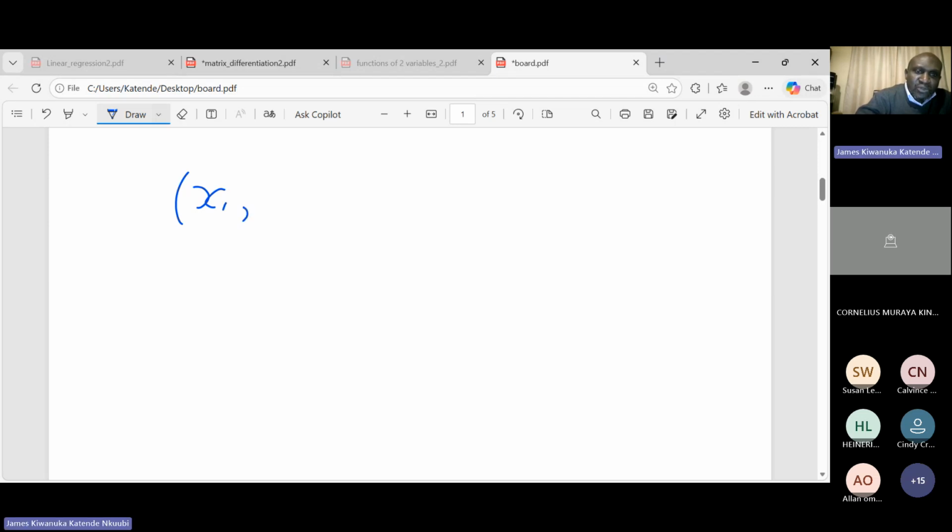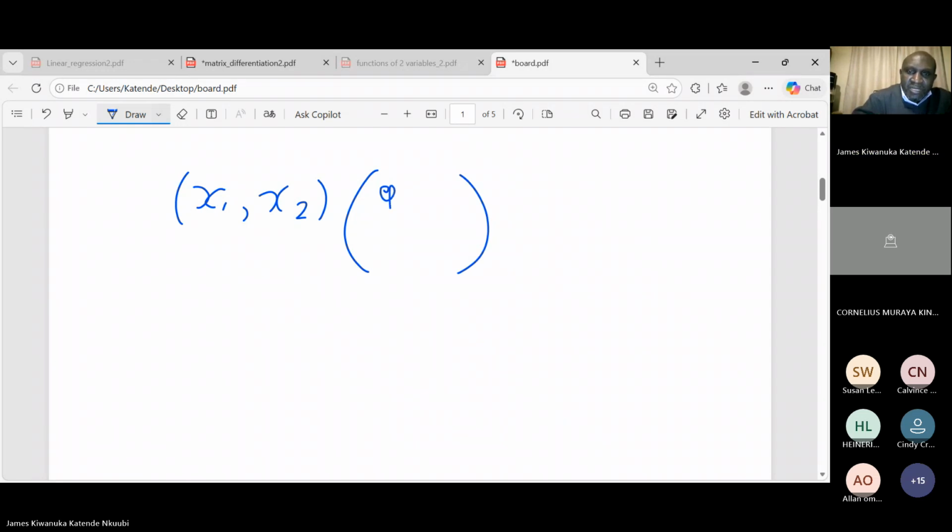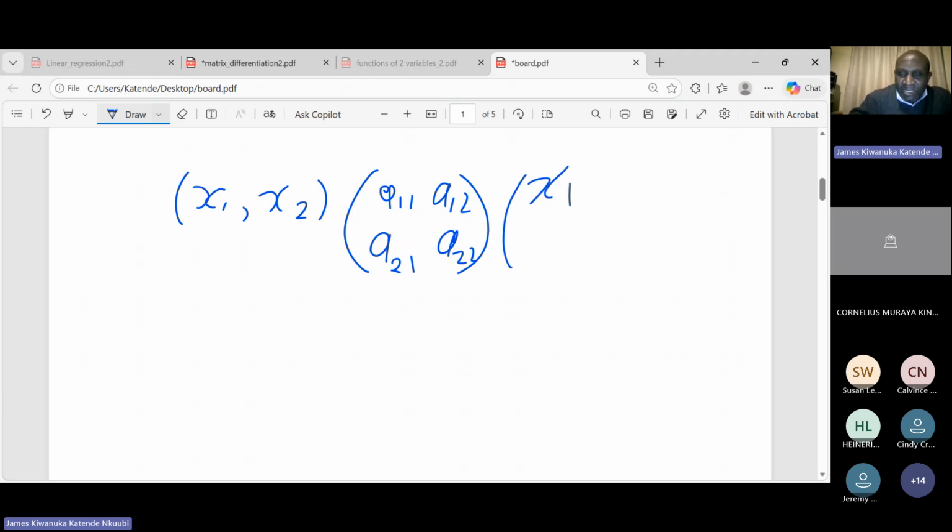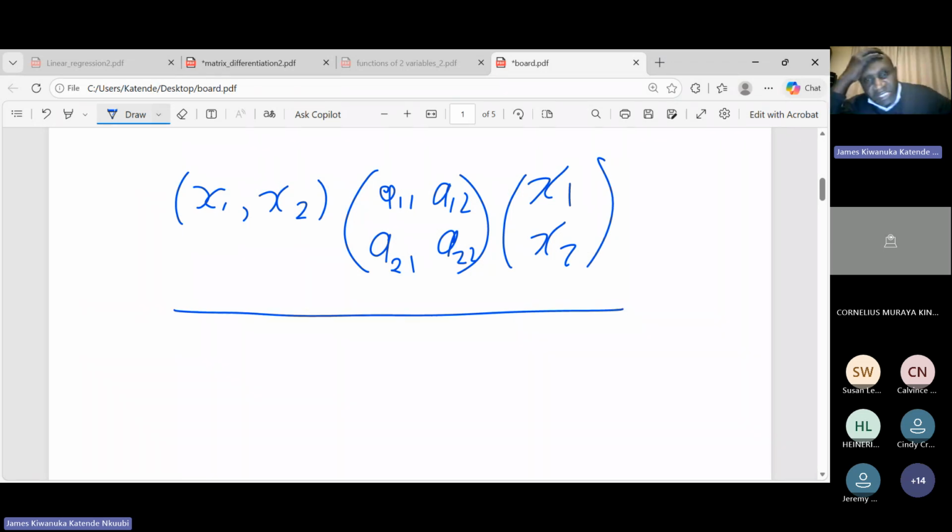So X transpose will be here, you'll have your matrix here, A11, A12, then A21, A22. So you have your matrix, and then on the other side, you have your X1, X2 vector. If you multiply this out, you will get some expression, which is just a number. That expression will be your function.